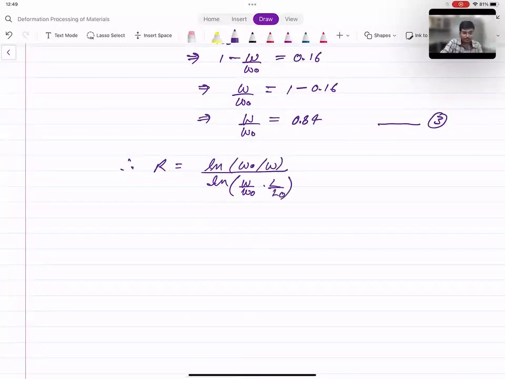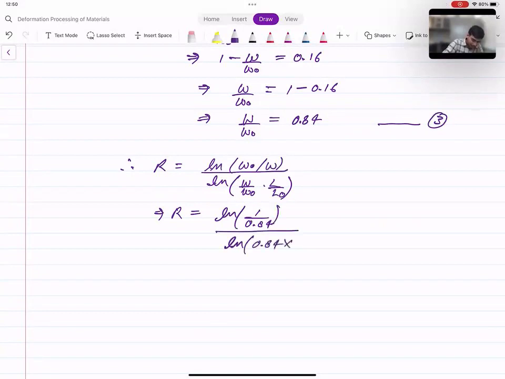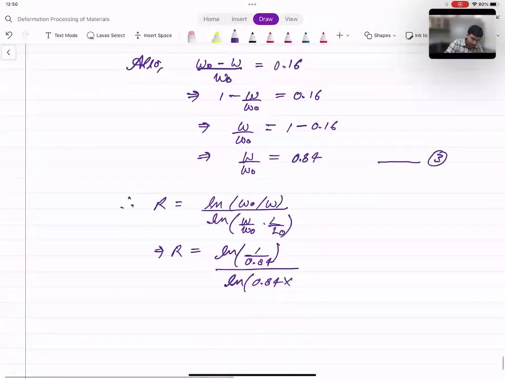If we substitute the values here, since we have the ratio W by W naught, and we have to put W naught by W, it will be the reciprocal of that. So this will become ln of 1 over 0.84 divided by ln of 0.84 multiplied by 1.30.